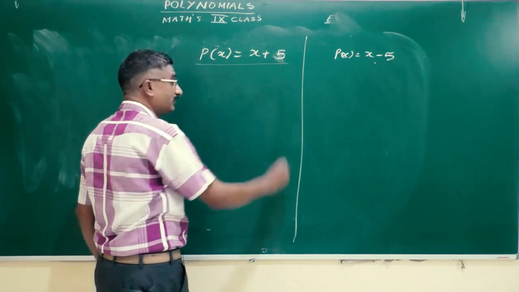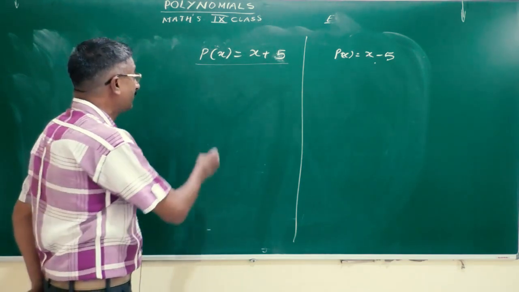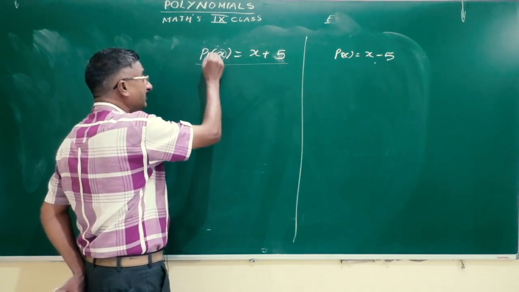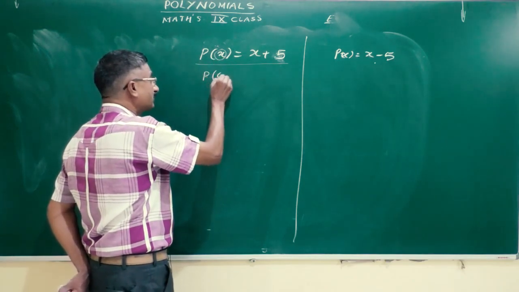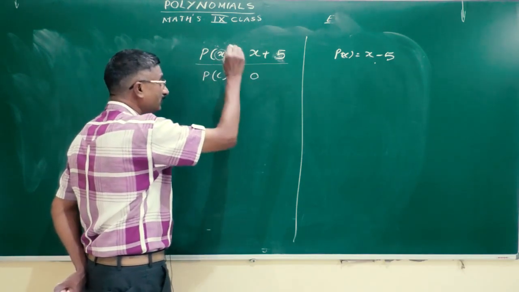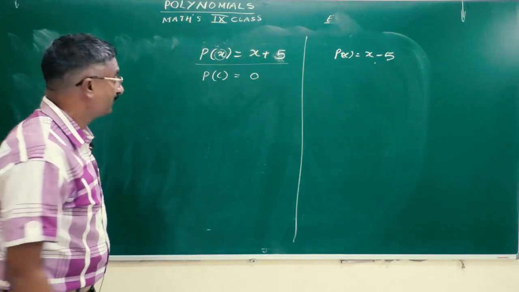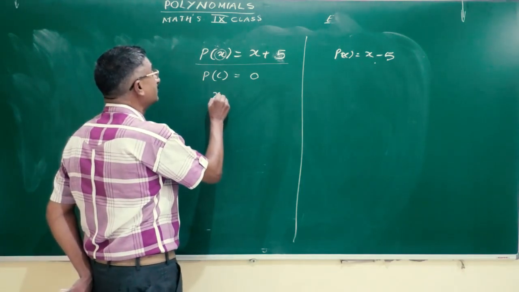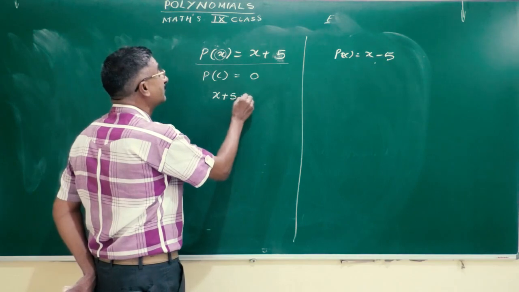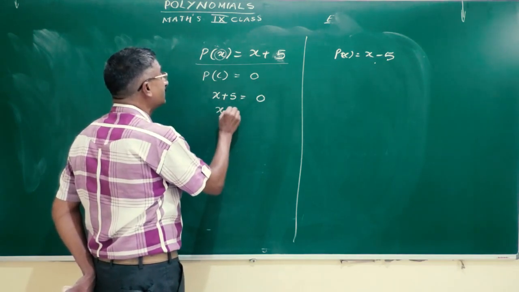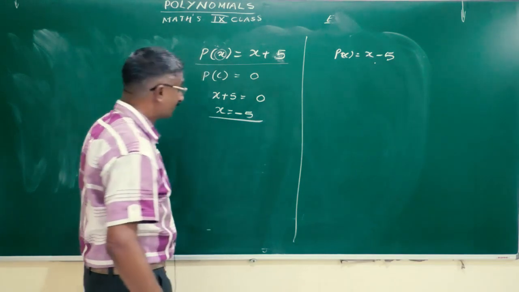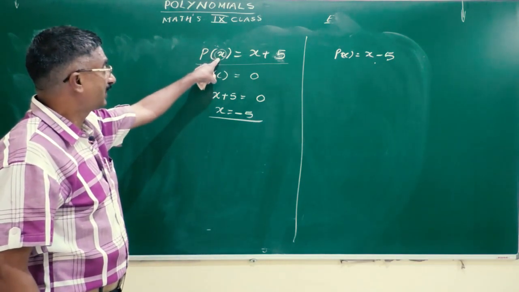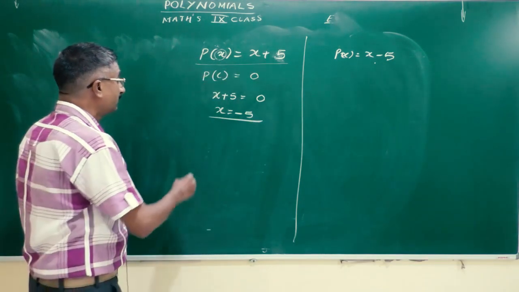We have to find out the zeros. Zeros means for any value of x variable, if you substitute it, p of that term should be equal to 0. Clear? It means x plus 5 is equal to 0, so x is equal to minus 5. If we substitute x is equal to minus 5, then we will get 0.